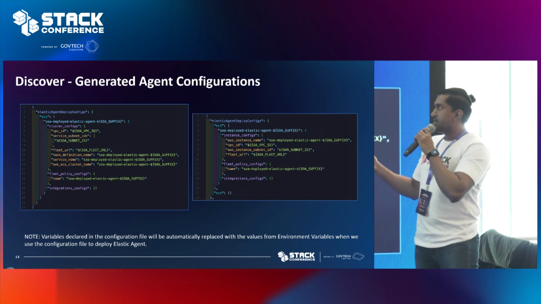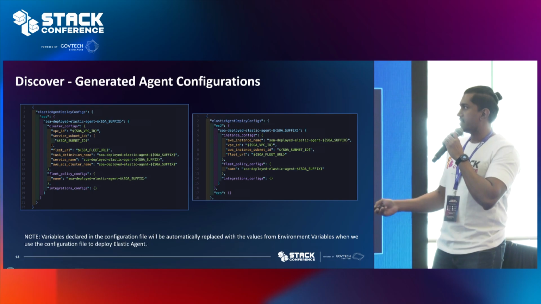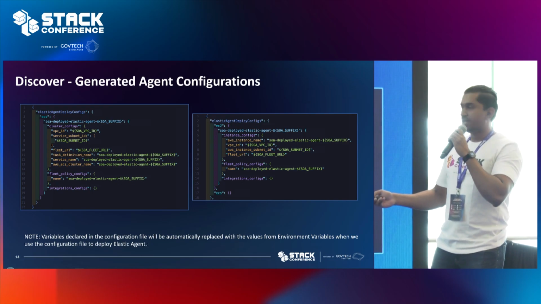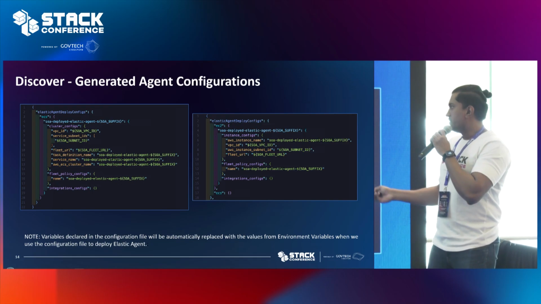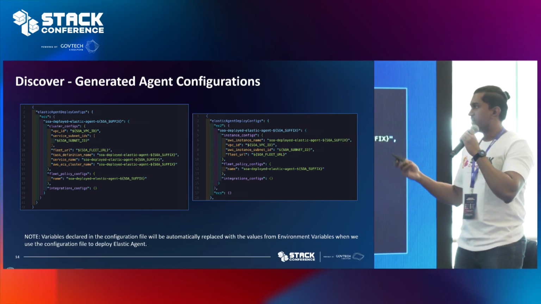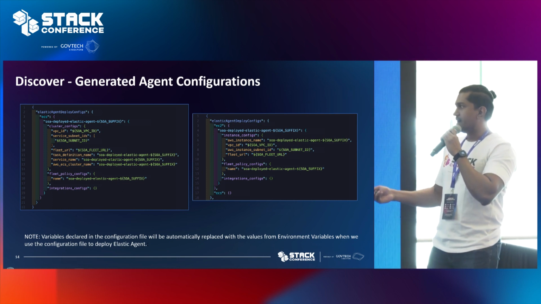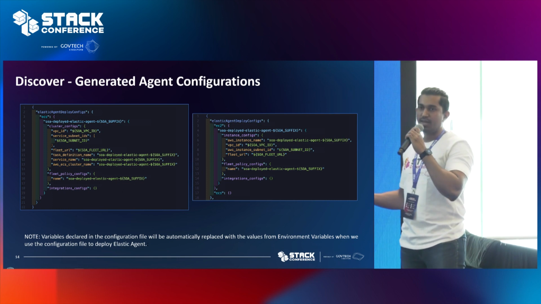Okay, so let's look at a generated configuration file. It's pretty straightforward. You can see it's a pretty standard JSON file, and it has some configuration. These are all generated by default. You can customize as you want, but we try to provide the users the minimum they would want to deploy the Elastic agent. So unless they want to customize anything, they don't need to customize anything.